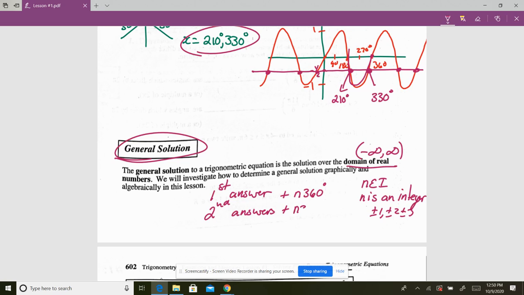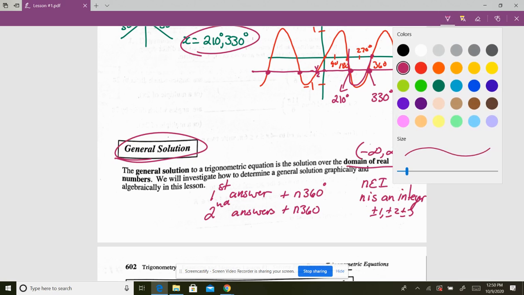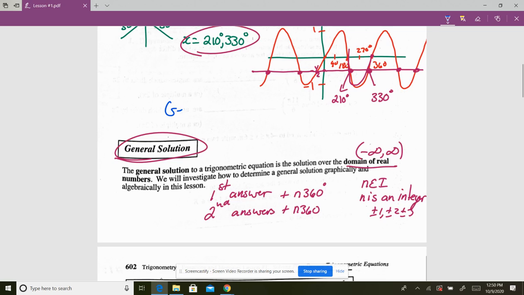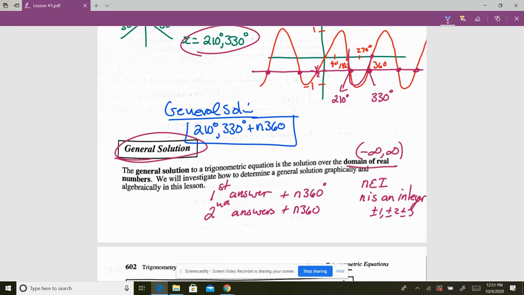And 360. So the general solution for this question up here is basically 210 and 330 plus n 360. And that will give you every single answer, because if you make n 2, you're adding 720 degrees.